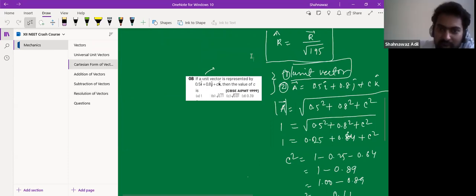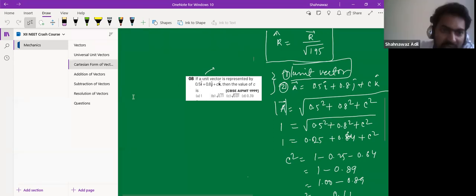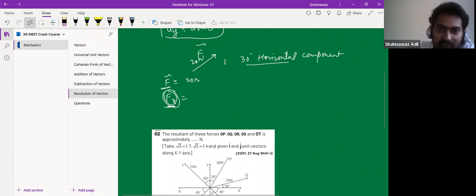Let's say this is a vector 0.5 i, 0.8 k. So the i component of this vector was what? 0.5. Right. Similarly, you have a vector F. Let me draw a proper diagram. So this is a vector F, and it has magnitude 20 Newton, and this makes a 30-degree angle.